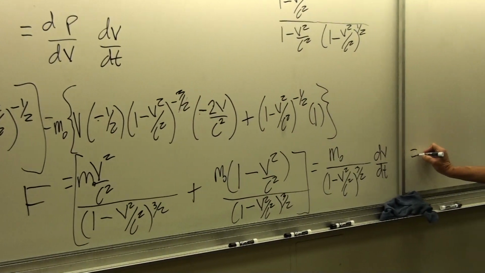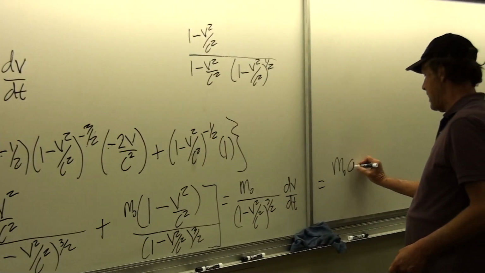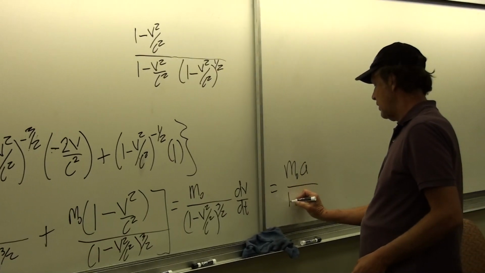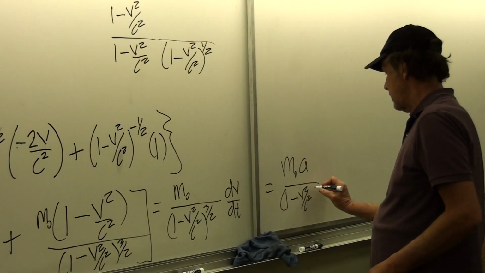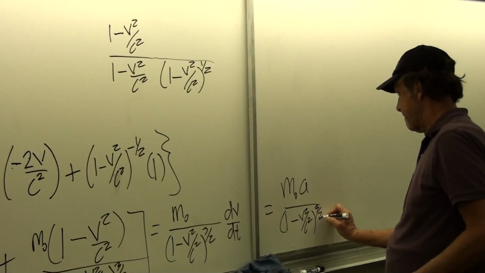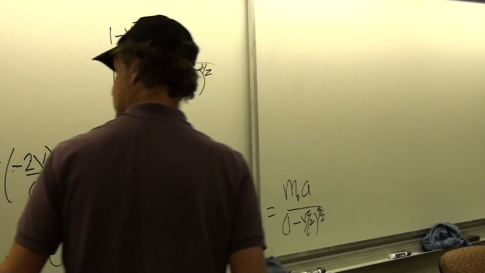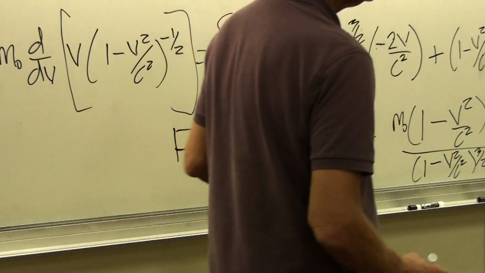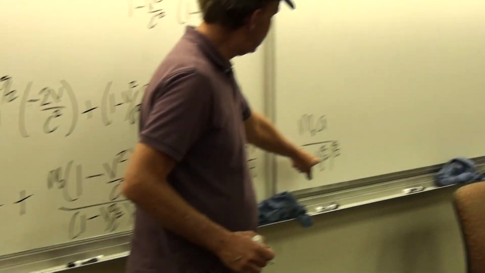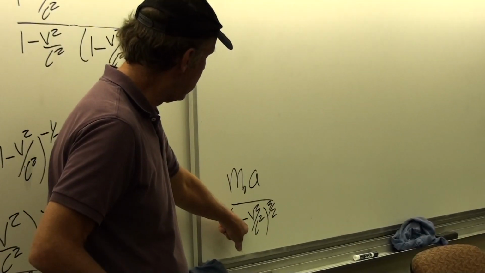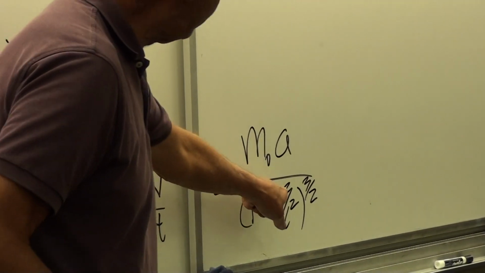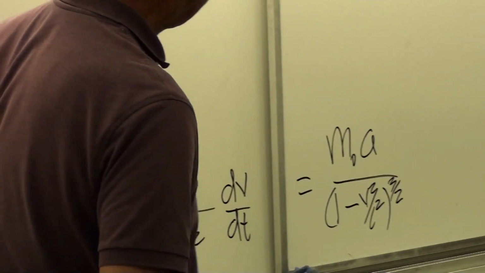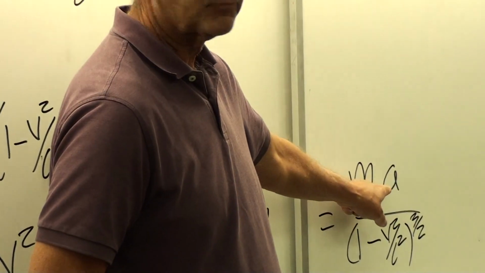Right, so that's equal to m naught a divided by 1 minus v squared over c squared to the 3/2 power. So we see then that our relativistic force depends on 1 minus v squared over c squared, but now it's to the 3/2 power, and if v is equal to 0, then this just becomes F equals ma.